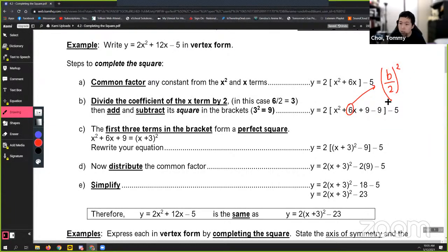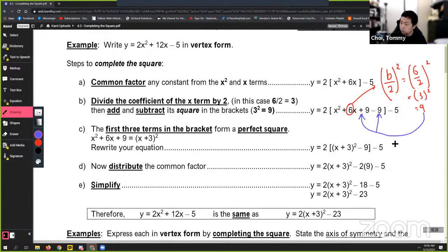This is your in-between step where we divide the B value by 2 and then we square that value. So when we actually solve this out, we get 6 divided by 2, squared. 6 divided by 2 is 3. 3 squared is 9. And then we stick that back into the bracket here. And you'll notice that we do it twice.